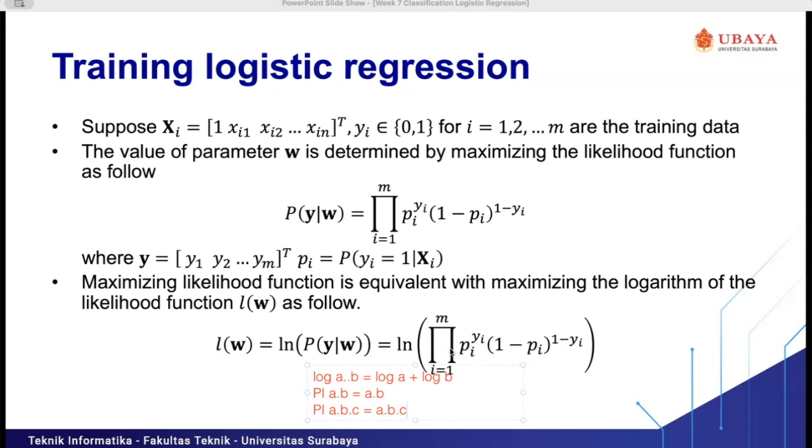In this equation, we have the start value i equal 1 to m. So it means we multiply every value starting from i equal 1 to m, where m equals the number of training data. So it multiplies Pi to the power of Yi multiplied by 1 minus Pi to the power of 1 minus Yi, for every value until m training data.